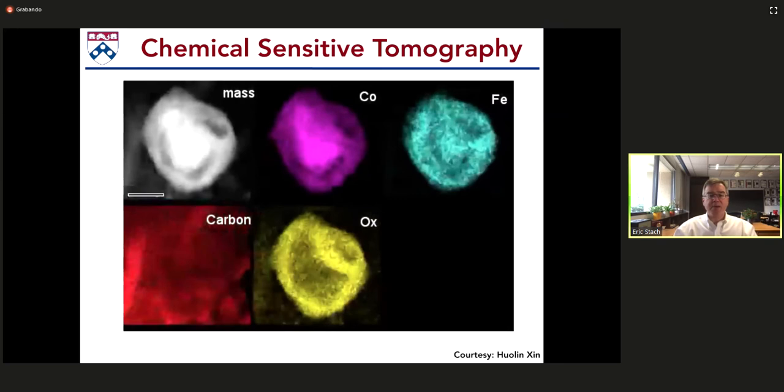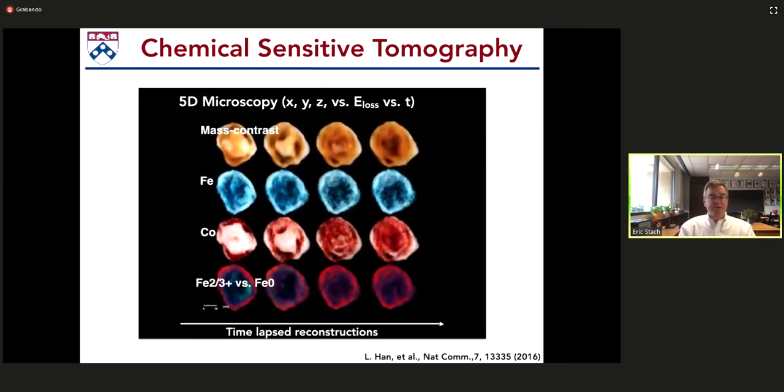But importantly, by having the ability to do this as a function of temperature, in this case we're actually using EELS, and we're looking at the time in these different slices that the iron cobalt particle has been exposed to oxygen. In this case, we're looking at the mass contrast on top, the high angle annular dark field image.